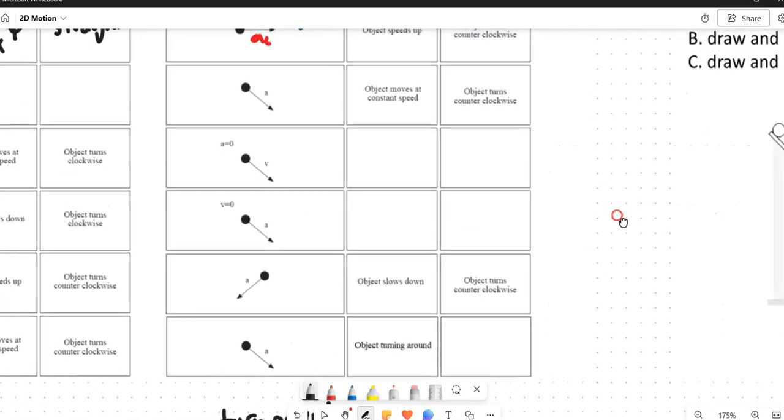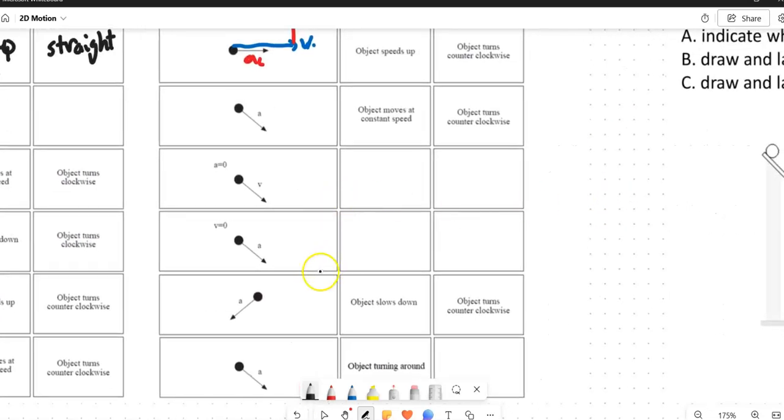So in this case, when it has no velocity vector, and again you're given on this side the linear velocity and linear acceleration vectors, this is going to be a turnaround. And it'll be turning around in a straight line, or 180 degrees. Okay?